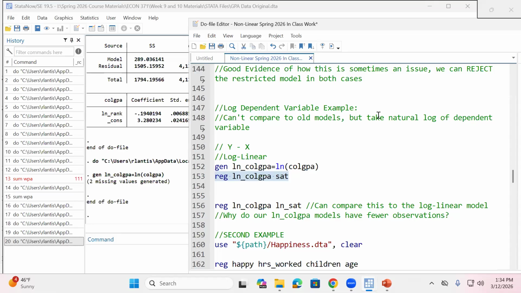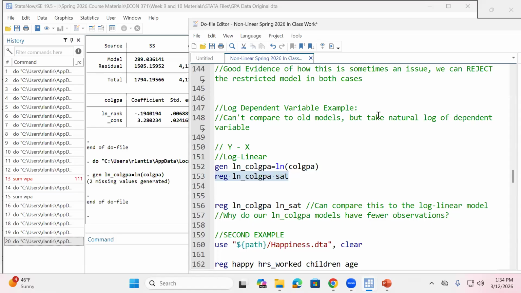Not divide by 100, but multiply by 100. Okay. So now instead of dividing by 100 from a linear log model, when I have a log linear, the interpretation of beta 1 becomes a 1 unit change in x causes the predicted y value to change by beta 1 times 100%, because y is now in terms of percentages.